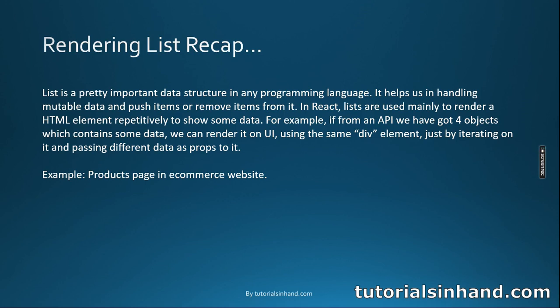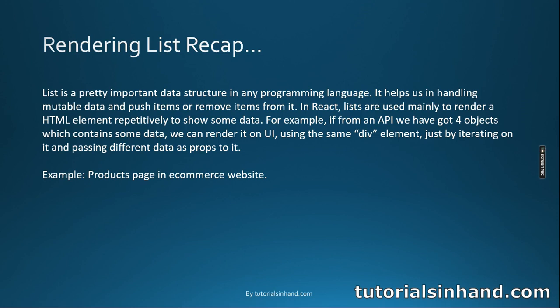Rather, what we generally do in React, we create a card component, and as per the data received, we pass the received data from the API as props to our component. And what the card component will do, it will receive the prop and render it. So for 10 data, if we loop over those 10 data and call the card component and pass the 10 different props, it will render 10 different cards on the UI. Okay, that is the main concept of rendering list.